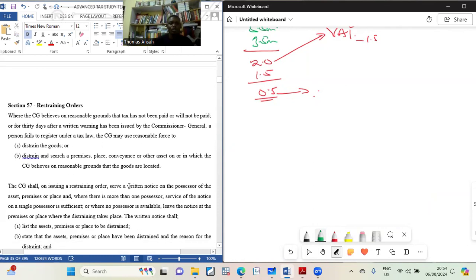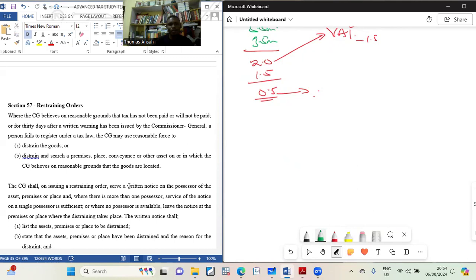Another one is that if you fail to do your things under the law correctly, he can distrain the goods, or he can cause a person to search you. Those are the things that the Commissioner General can do.